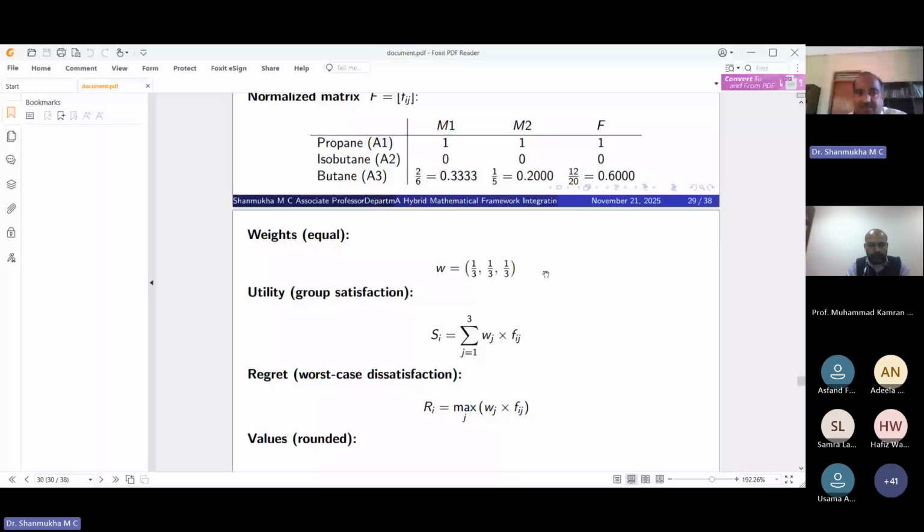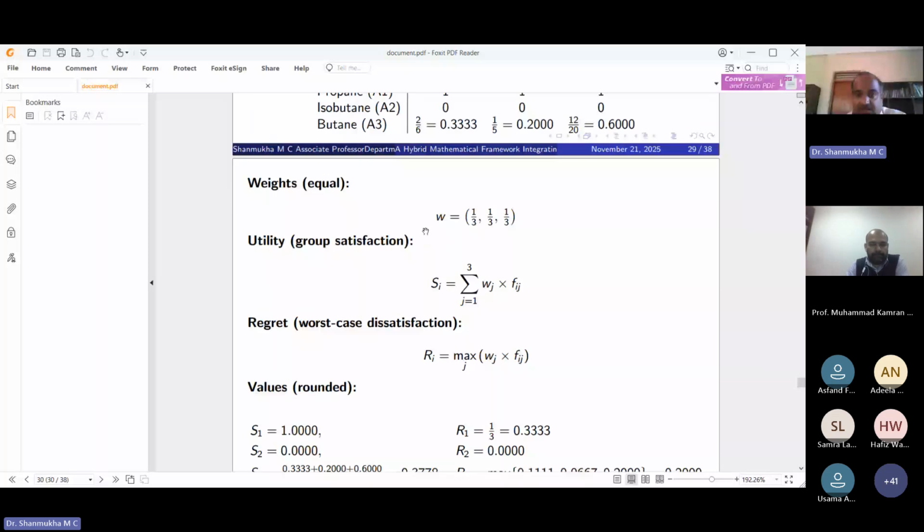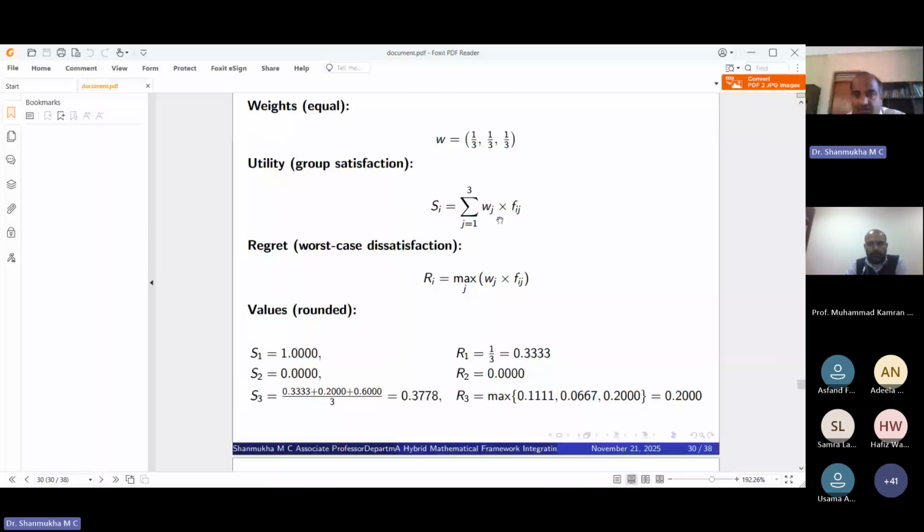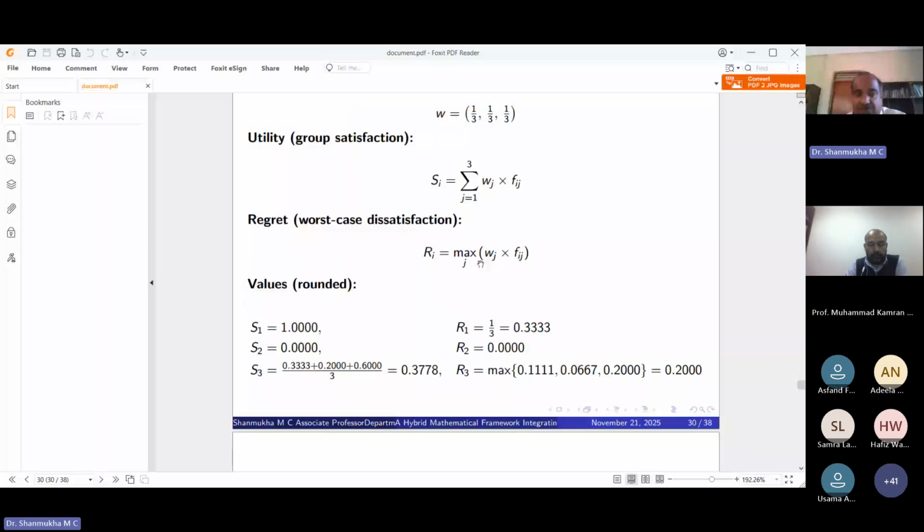Sir, here consider the weights of the criteria: 1 upon 3, 1 upon 3, 1 upon 3, so equal weightage. Then utility, group satisfaction: Si is equal to the summation of Wj into Fij. Then regret, worst-case dissatisfaction: Ri is equal to the maximum of Wj into Fij.